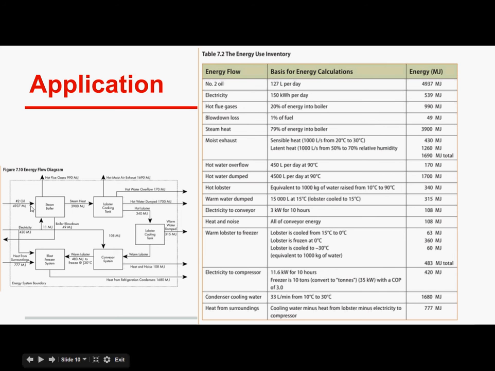The boiler: the oil going into the boiler is all the energy that goes into the boiler. Then you'll see the hot flue gases. How much of that is given off as heat? So the assumption is 20% of the energy into the boiler. The blowdown losses, 1% of the fuel. These are the assumptions you need to make in order to do these energy quantifications, if that's a word.